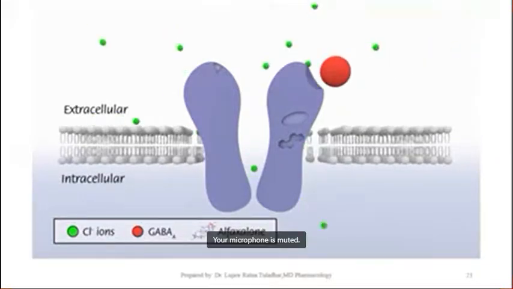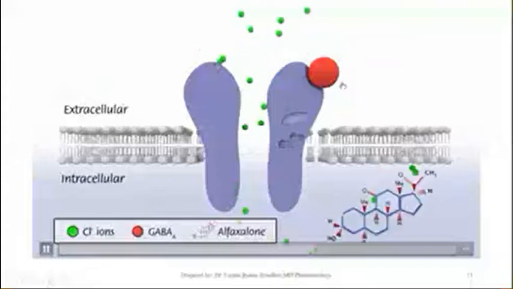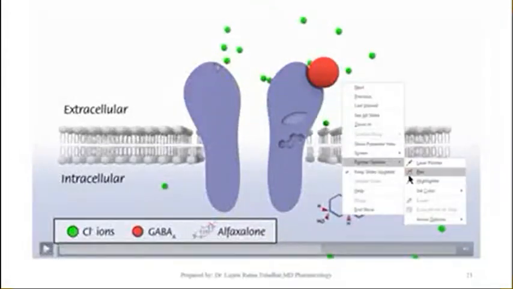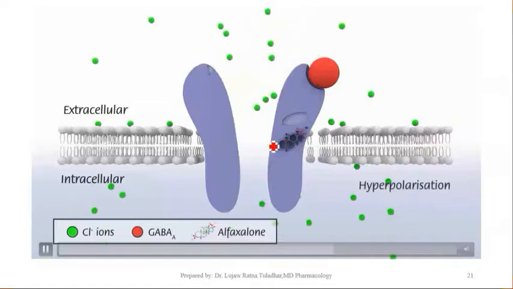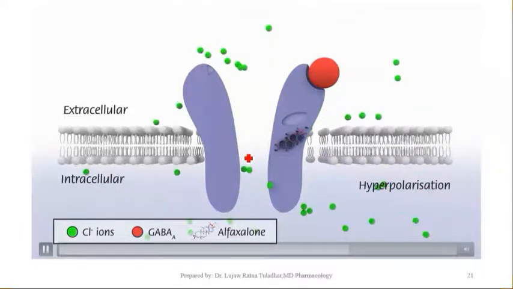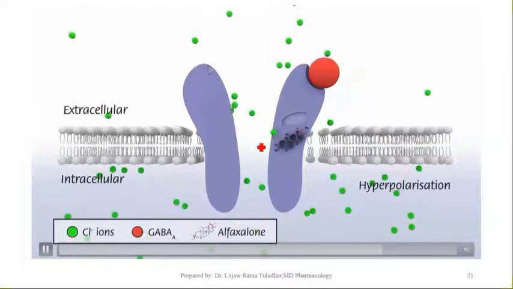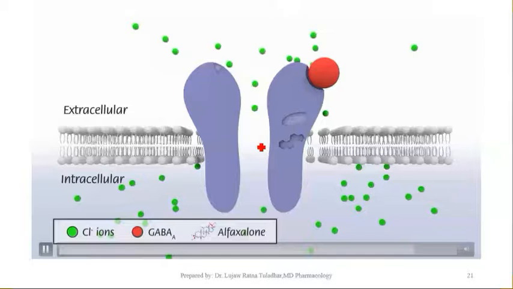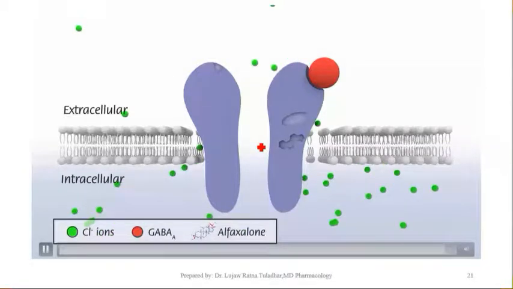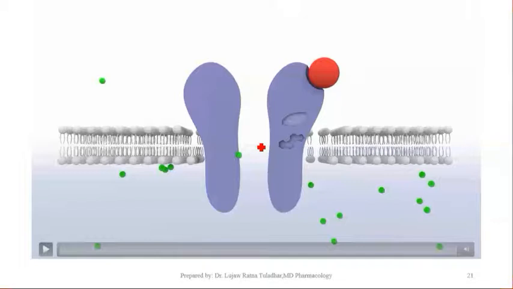When GABA binds to the GABA A receptor, it opens the receptor, and there will be influx of chloride ions. Chloride is a negative ion, which means if it enters the cell, it will lead to hyperpolarization. The cell becomes so negative that it will not be able to get excited upon stimulation. That is how barbiturates and benzodiazepines work. They produce hyperpolarization of the neuron cells.